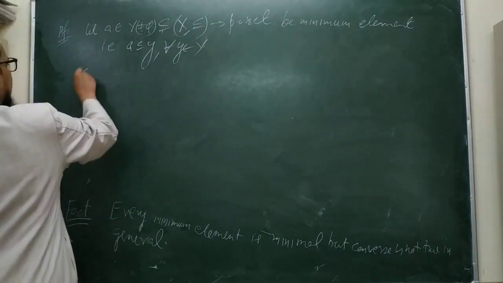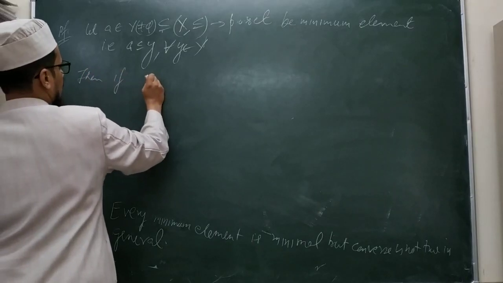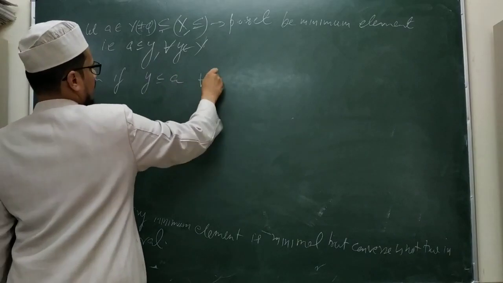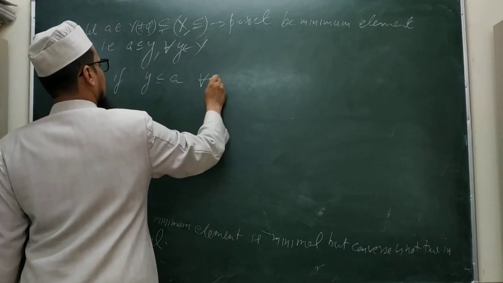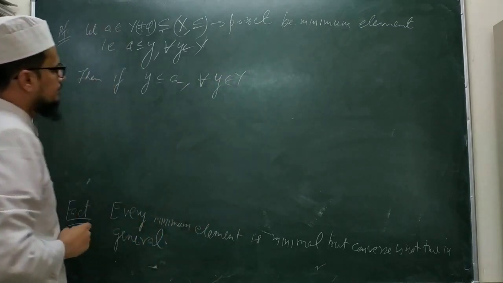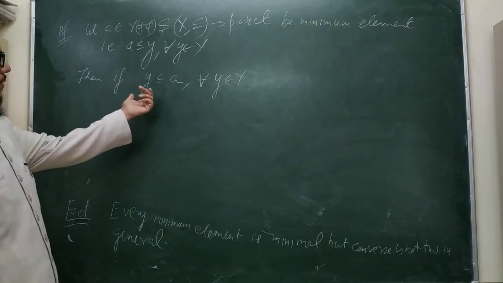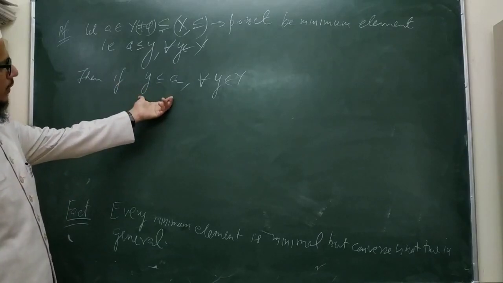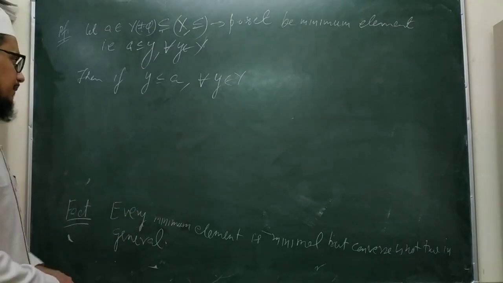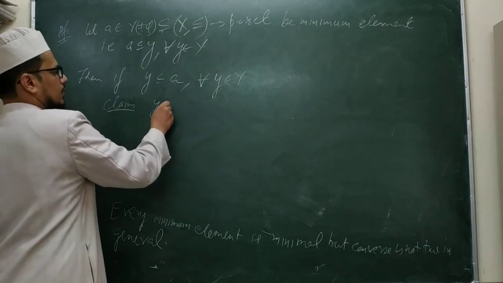So then, if we take y less than or equal to a, you have to see whether y is equal to a or not. The claim is y is equal to a.